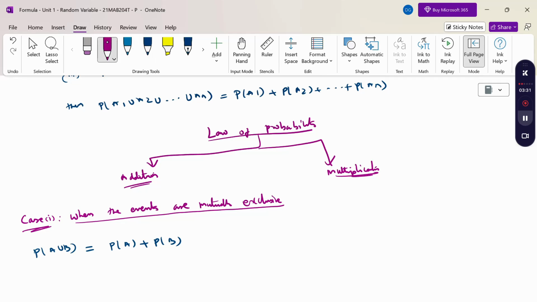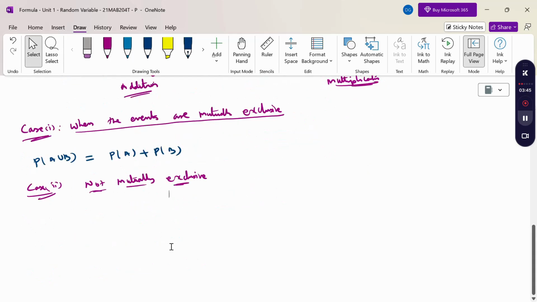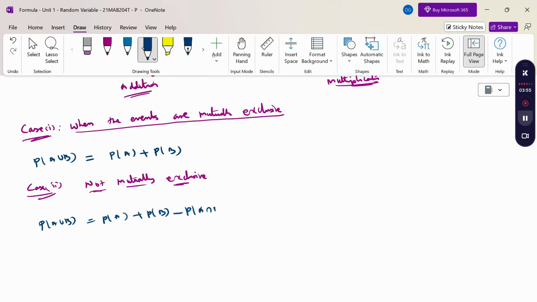Case 2: when the events are not mutually exclusive, probability of A union B equals probability of A plus probability of B minus probability of A intersection B.